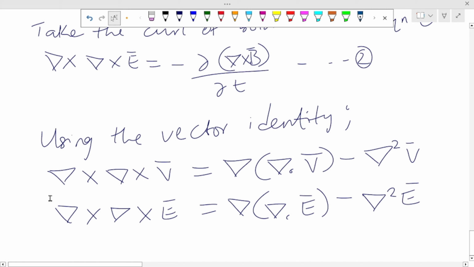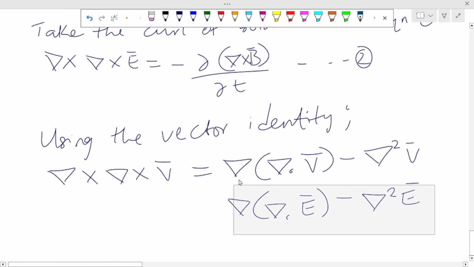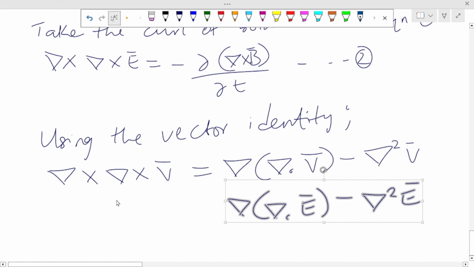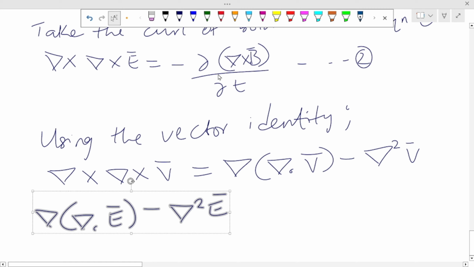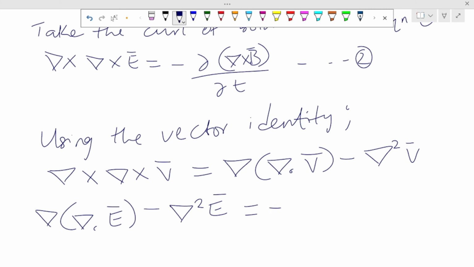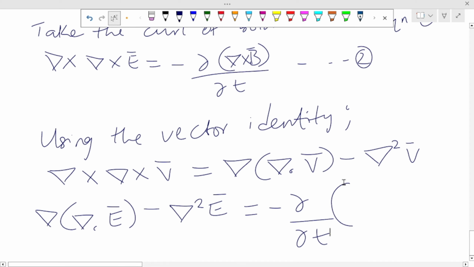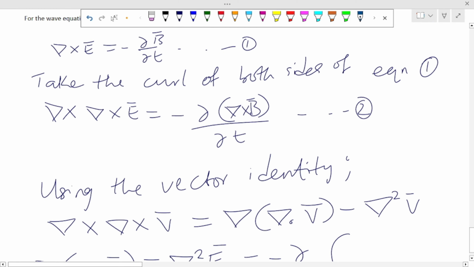So now we return everything. Already, this guy is equal to this guy. So we can now say it's equal to minus this all over this T, bracket, nabla cross B. What is this? Look up.